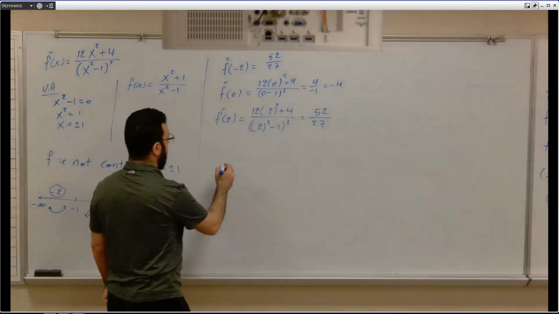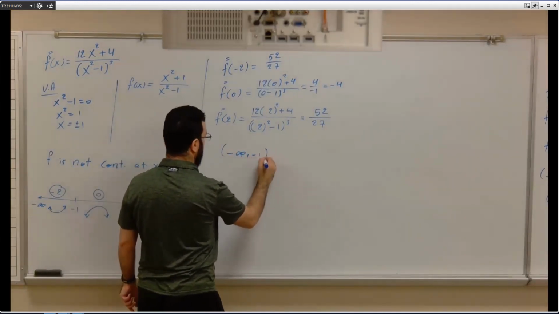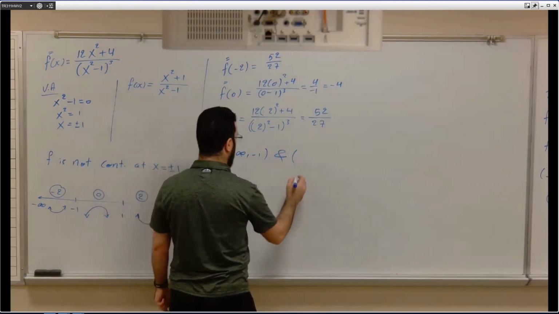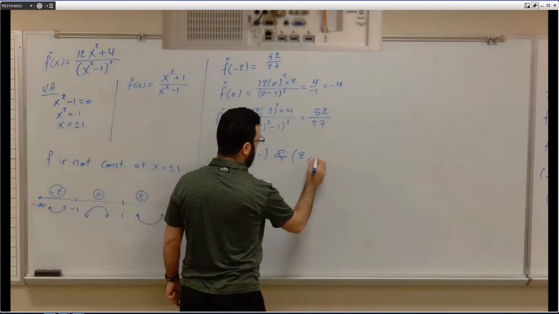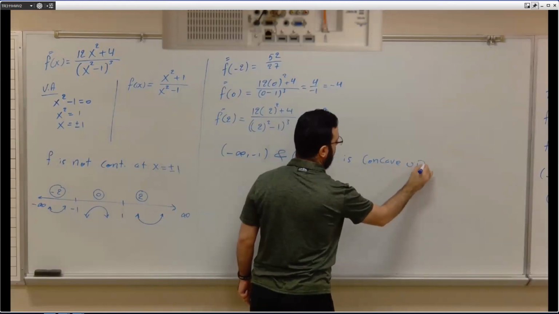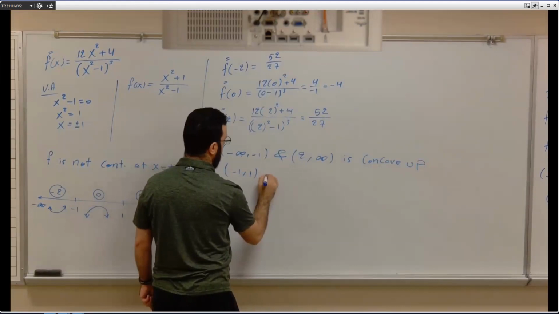From -infinity to -1, and from 1 to infinity, it is concave up. From -1 to 1 it is concave down.